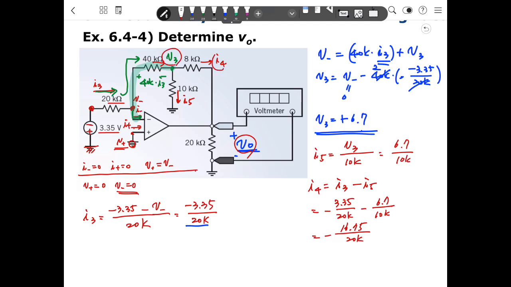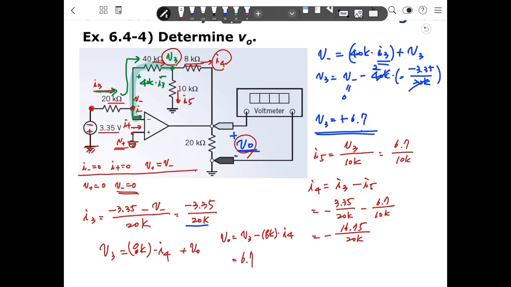Then V0 can be calculated based on V3 and I4 with the 40 kilo resistor. So V3 is 40 kilo multiplied by I4 plus V0. So V0 is V3 minus 40 kilo times I4.